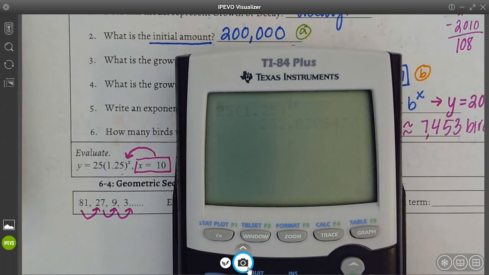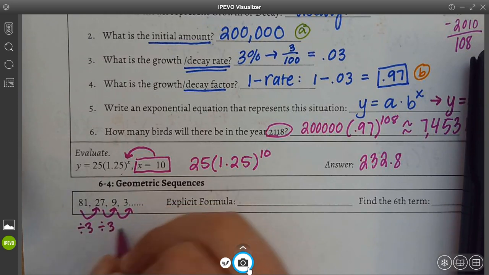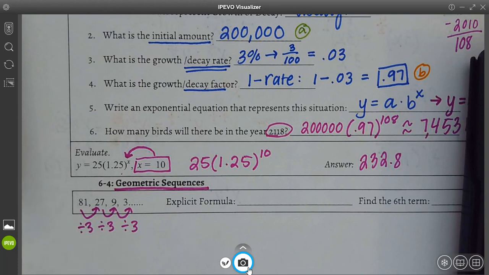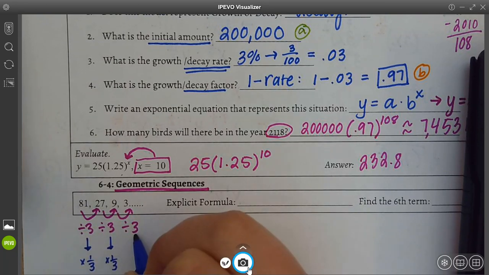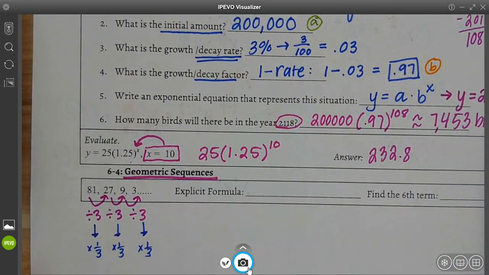So we can think about that as like 81 divided by 3 is 27, and dividing by 3 gives me 9. So I can think about this as dividing by 3. But when we're talking about a geometric sequence, we always want to write it in terms of multiplication. So this is the same thing as multiplying by 1/3. So this is going to be my decay rate, right? 1/3, that's the rate that my problem is decreasing by.